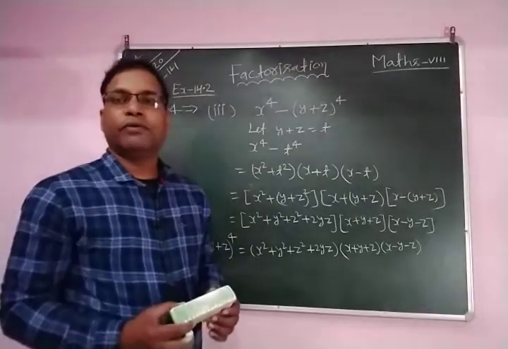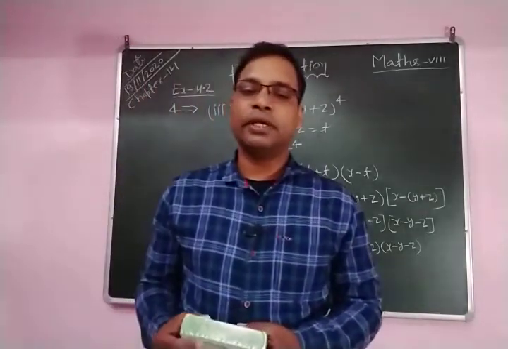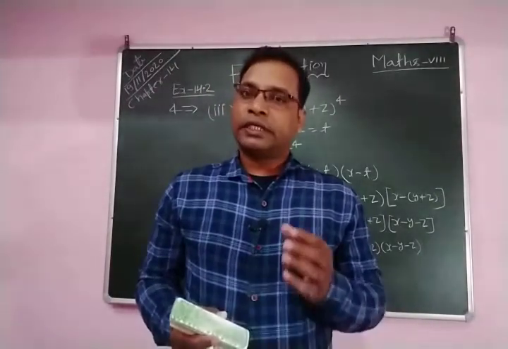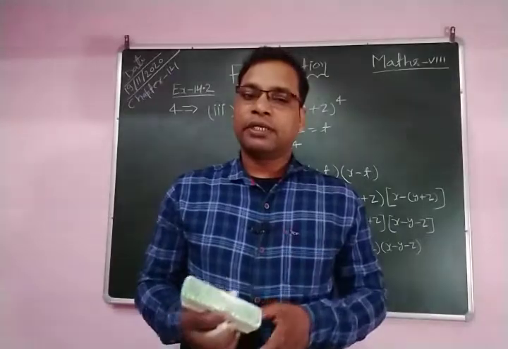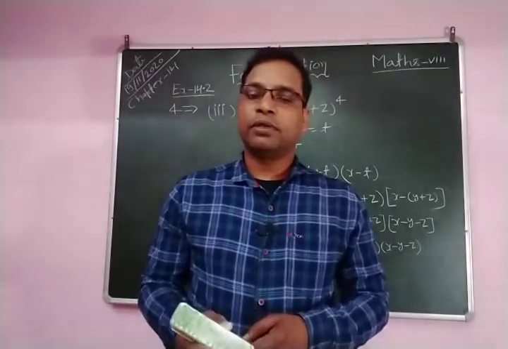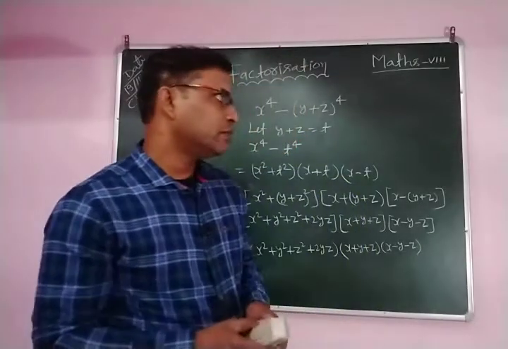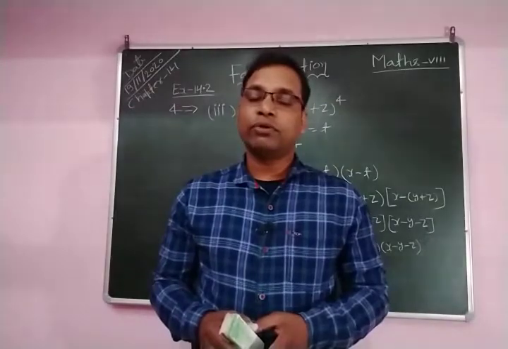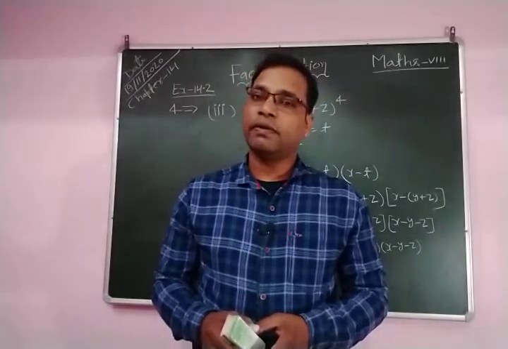Okay. Now we are going to discuss the next part. The fourth part is also the same as the third part. So let's see what is the fourth part of question number 4. The fourth part of question number 4 has x power 4 minus x minus z power 4.